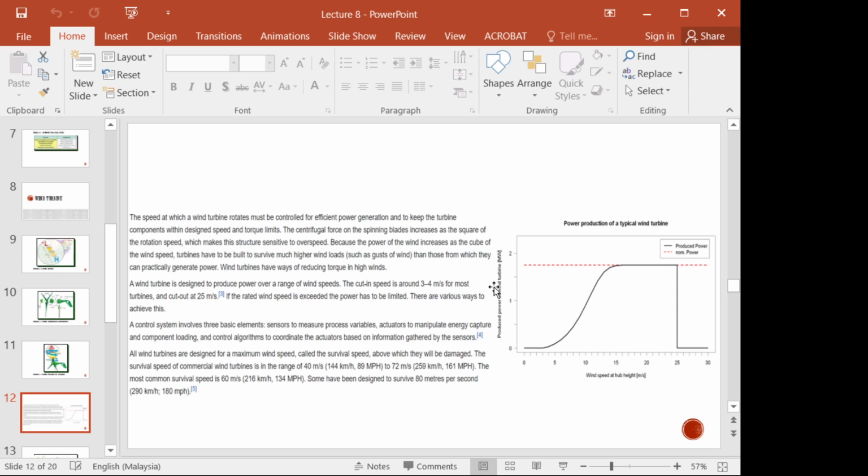Right, this graph is the produced power of a wind turbine in megawatts versus the wind speed at hub height. Let's measure at the hub height. This graph is the power production of a typical wind turbine.